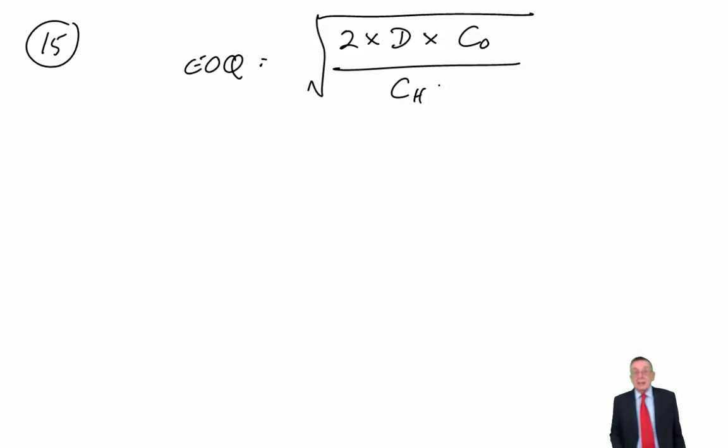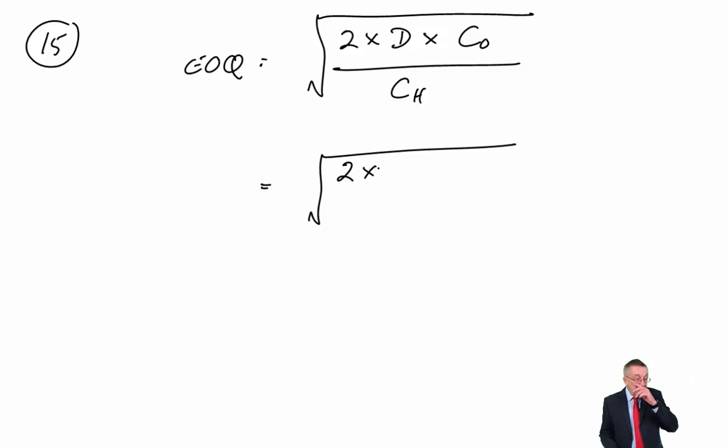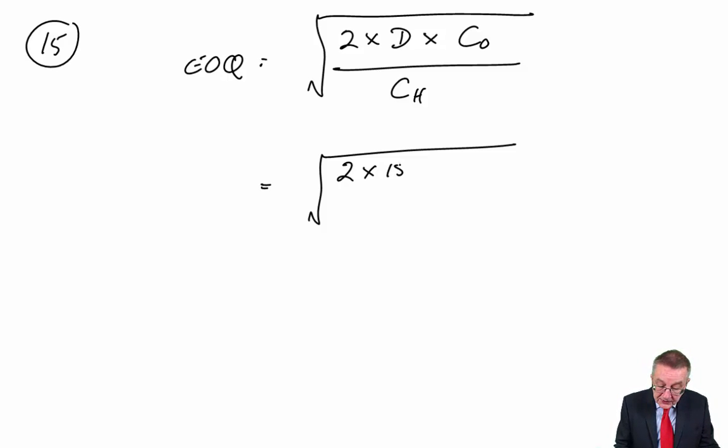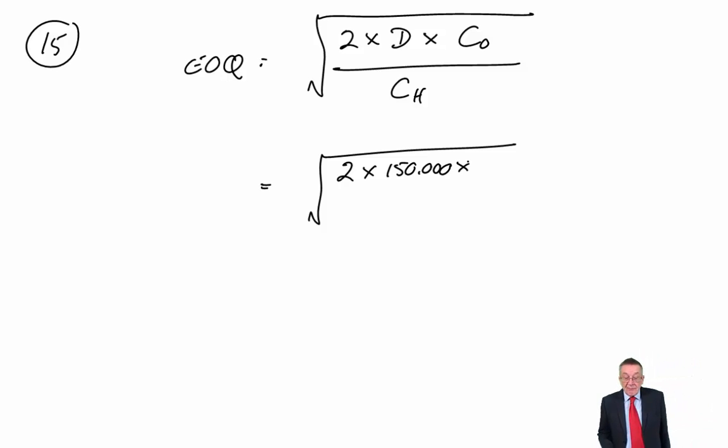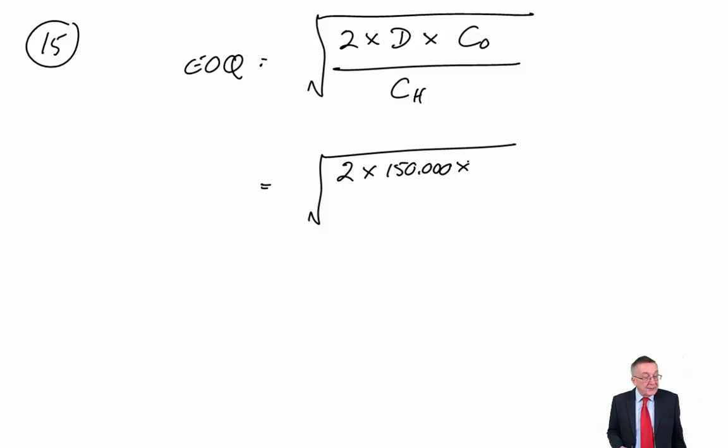Well, we're not doing inventory control here, but again, it is the same formula. But total demand, instead of being the total units, it's the total amount of cash we need, which in this question, the company needs 150,000. The order cost, well, we're not ordering inventories, but we're ordering cash. So it's the transaction cost.